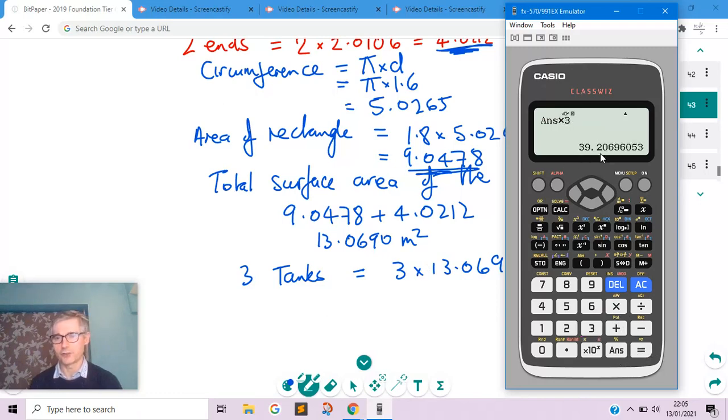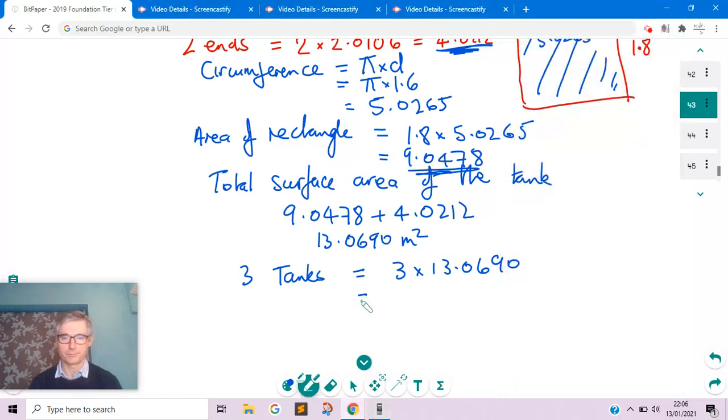And I've got 39.2. I'll just do this one to 3 decimal places actually now because we're at the end of the calculation. So 39.207. So that's the total area that I've got to paint.